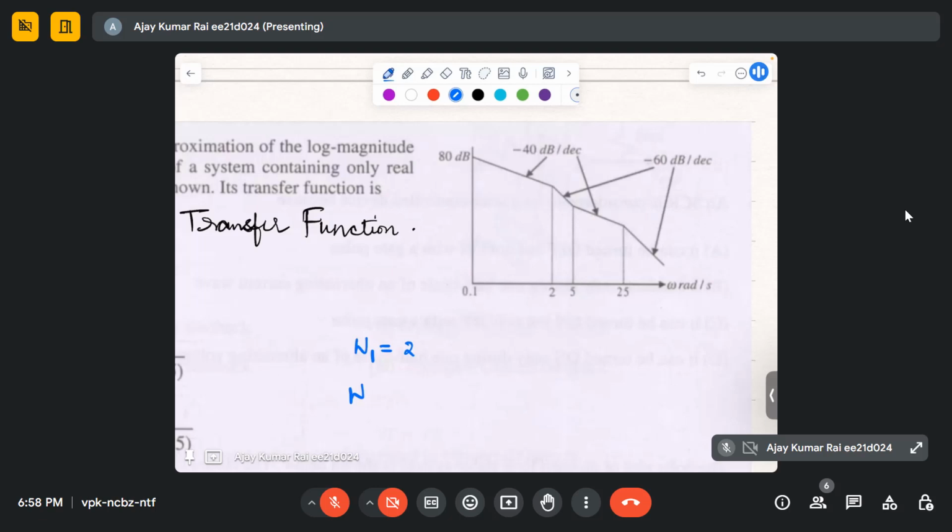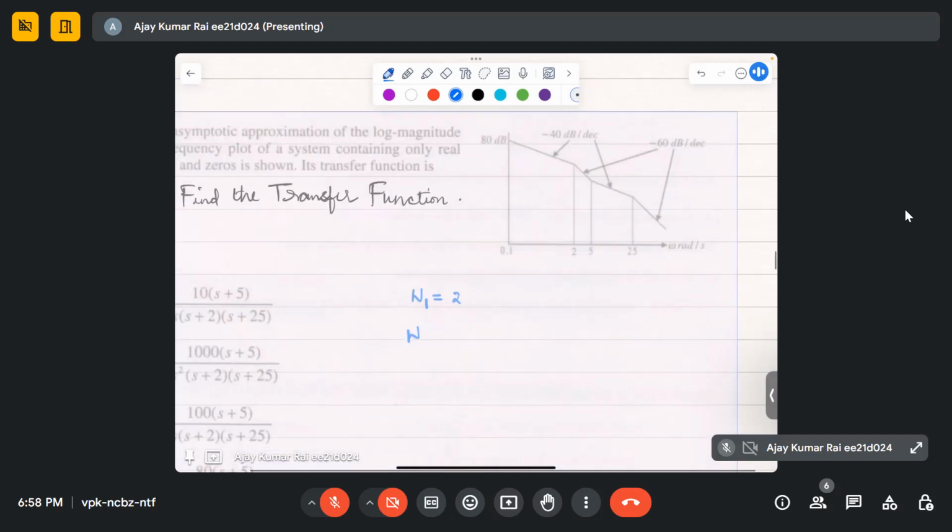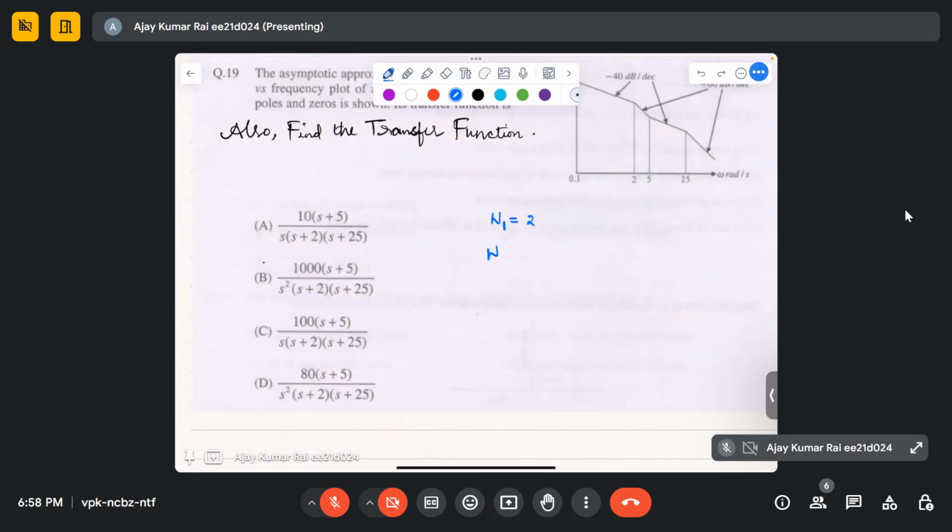Can you tell me at this corner frequency whether we have a pole or zero? So at 2 we have a pole, because the slope is decreasing further.